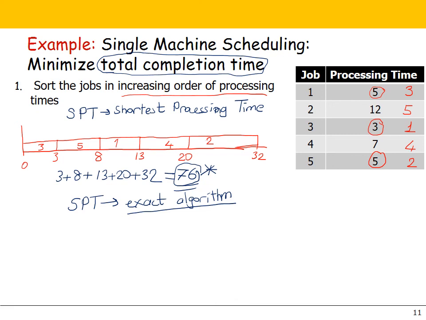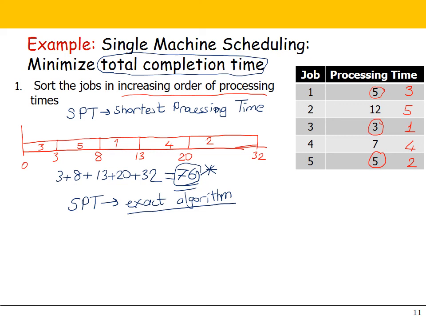You see, in order to find the optimal solution to a problem, we don't just need to go through the branch and bound algorithm or the cutting plane algorithm. There may be some other algorithms like this which provide you the optimal solution.